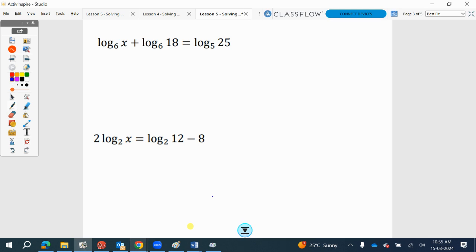Okay, so solving these. Here on the left-hand side, we're going to use the product rule for logarithms to give us log base 6 of 18x. On the right-hand side, that's not in log base 6, and I want to make it log base 6. So I'm going to start by taking the log base 5 and writing it as 5 squared.